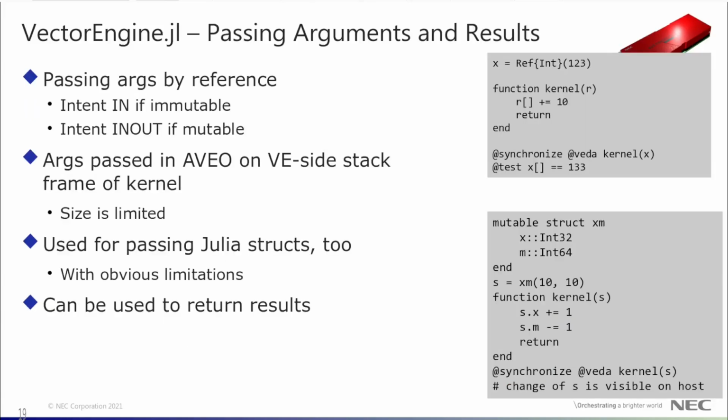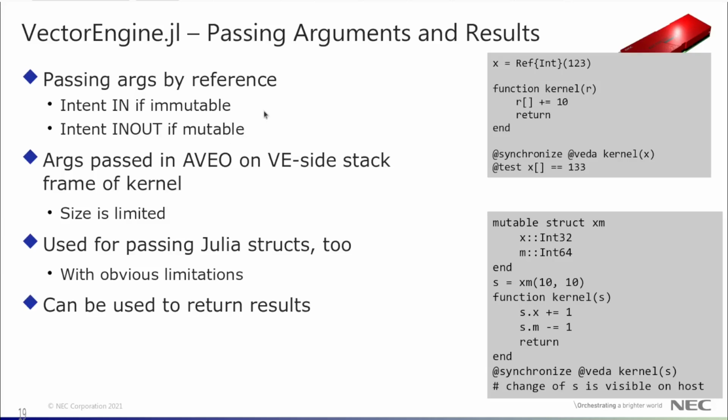While calling kernels is very similar to what's being done on GPUs, when passing arguments, we have some additional options. In VEO and VEDA, we can pass arguments with an intent. We tried to convert this to Julia by automatically setting the intent in for immutable arguments and intent in-out for mutable arguments.